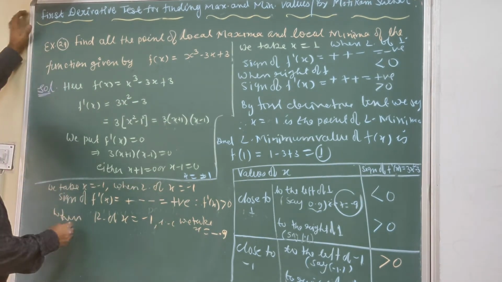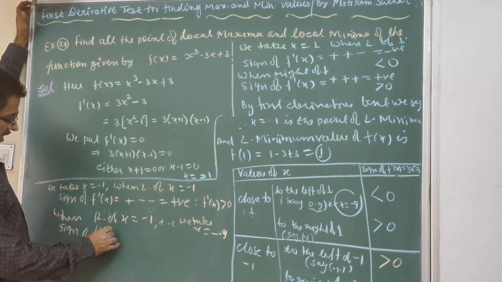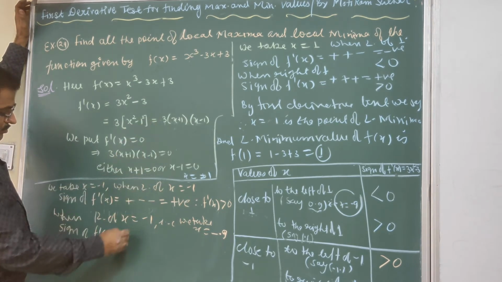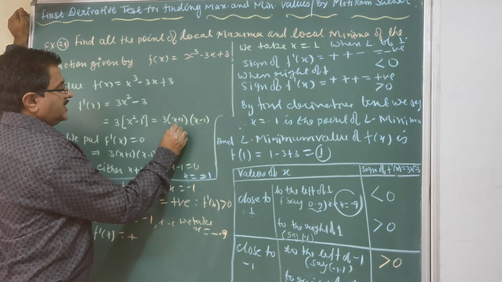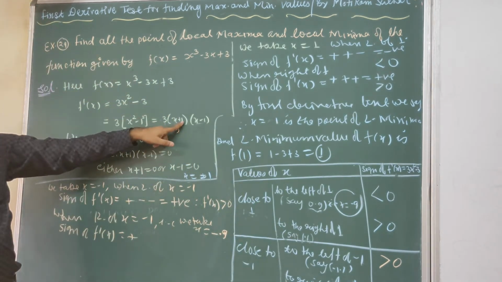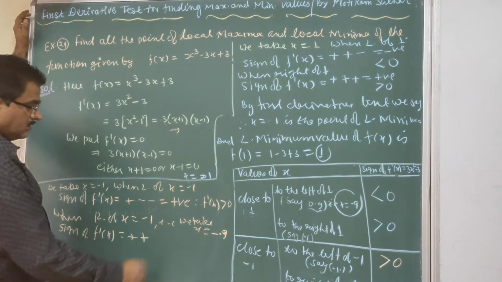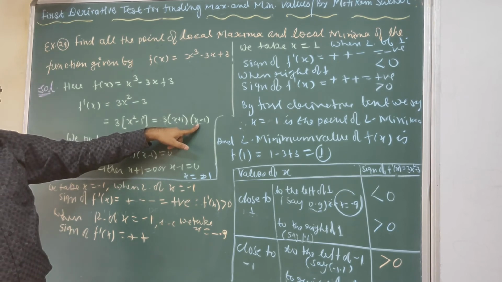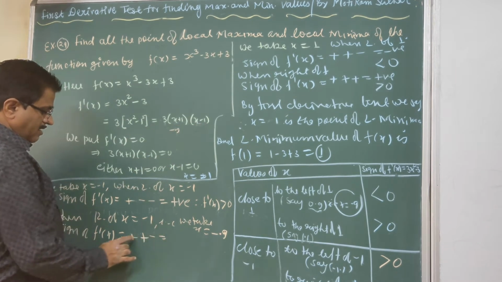So the sign of f dash x: this 3 is already positive. Now you put minus 0.9 here, and this is plus 1, so this is positive. And here we put minus 0.9 and minus, that is minus. So multiply, plus minus.